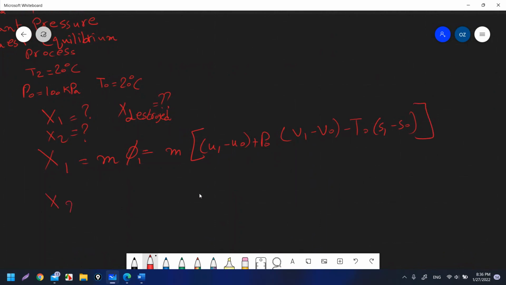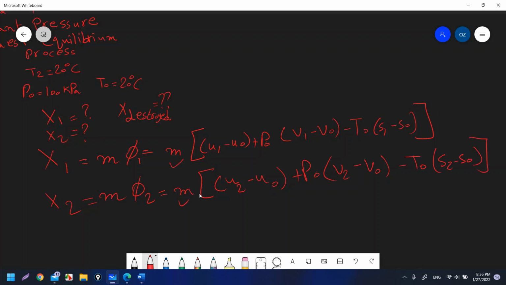And X2 will have the same equation, but the subscript will be 2: U2 minus U naught plus P naught times V2 minus V naught minus T naught times S2 minus S naught. I have the mass, but I don't have U1, U naught, U2.